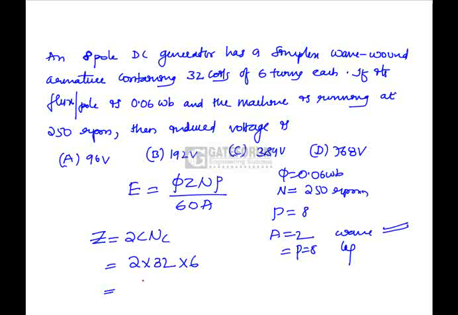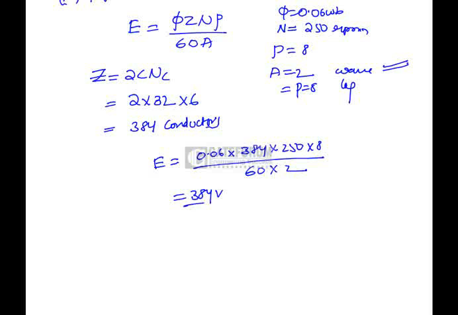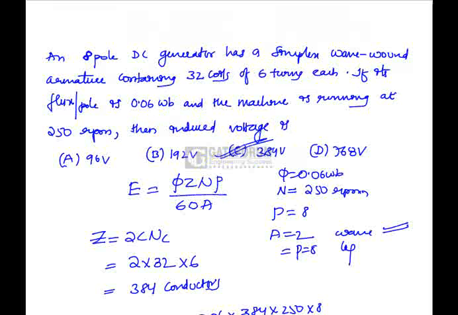So 2 into 32 into 6, which is equal to 384 conductors. Now E is equal to phi 0.06, number of conductors 384, into 250 into 8 by 60 into 2. So this is equal to 384 volts. Option C is the correct answer.